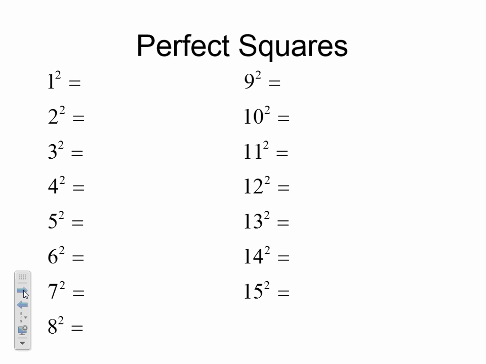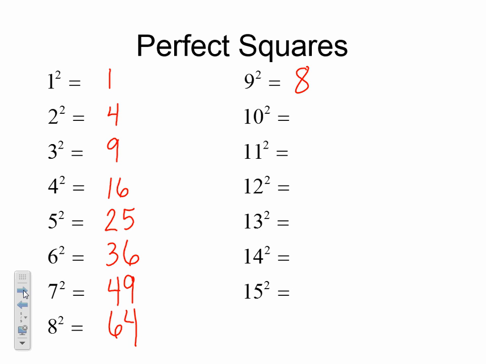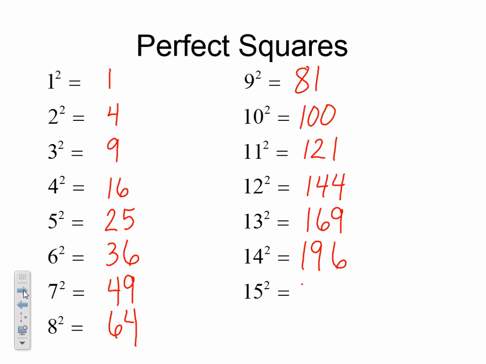So like 1 squared is 1, 2 squared is 4, 3 squared is 9, 4 squared is 16, 5 squared is 25, 6 squared is 36, 7 squared is 49, 8 squared is 64, 9 squared is 81, 10 squared is 100, 11 squared, 11 times 11 is 121, 144 for 12, 169 for 13, 196 for 14, and 225.